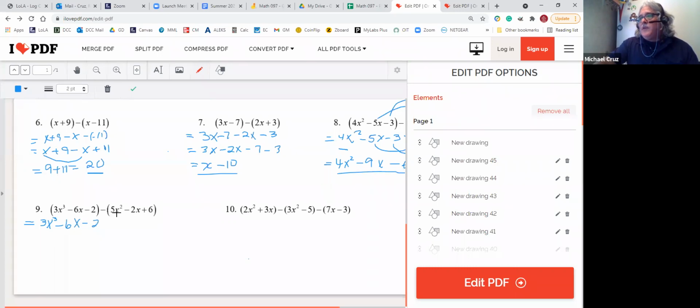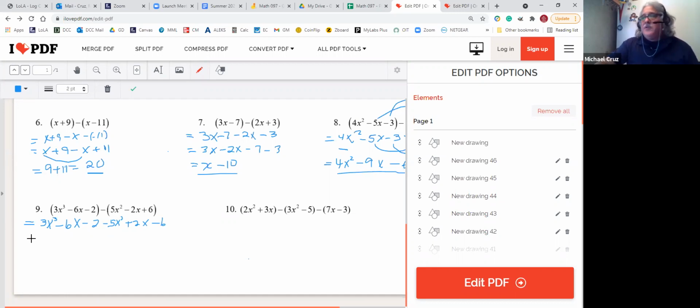See, so that's a positive 5x. So when we subtract it, it's a negative 5x squared. Subtracting a negative 2x makes it a positive 2x. Subtracting a 6 makes it a negative 6.